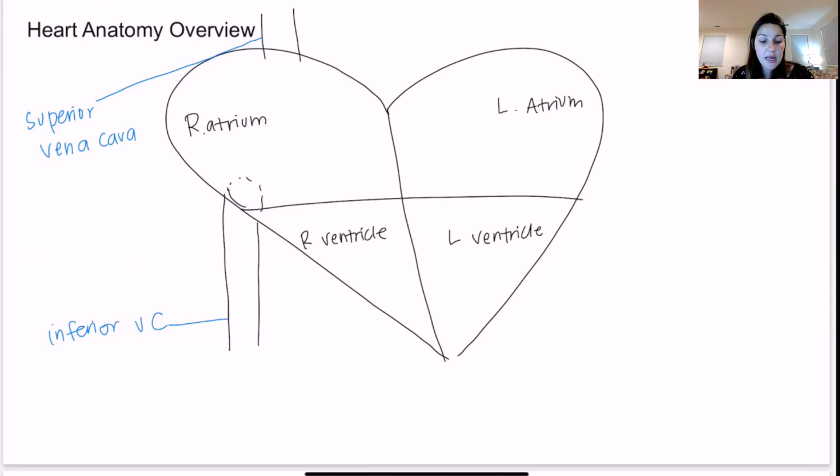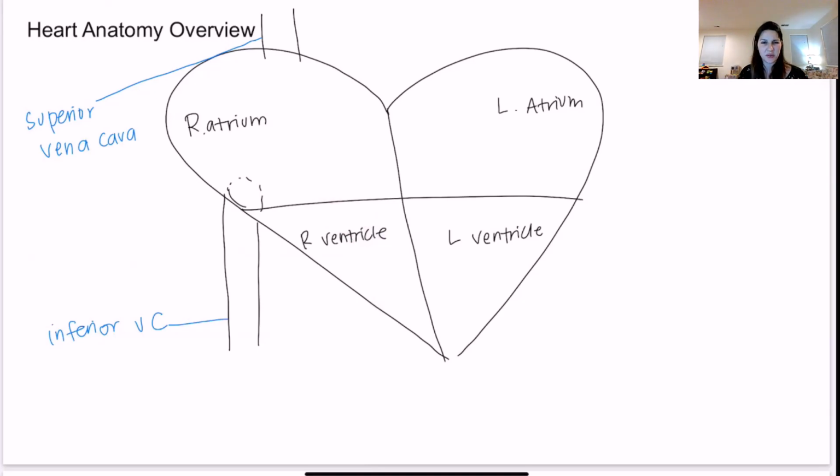So those vessels enter the right atrium, and then blood flows from the right atrium into the right ventricle, and it does this through a passageway. But the thing about the heart is we don't want blood to just flow freely, because then blood would get trapped and just go back and forth and back and forth between atrium and ventricle.